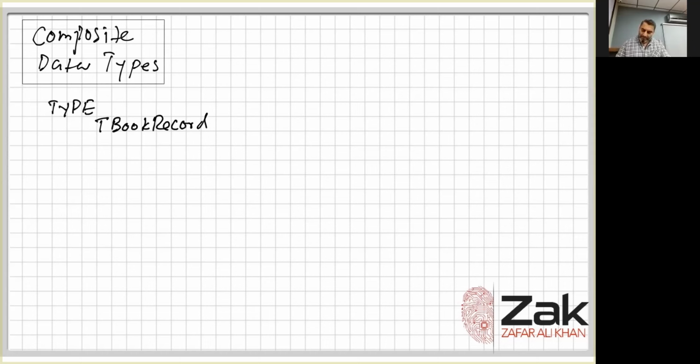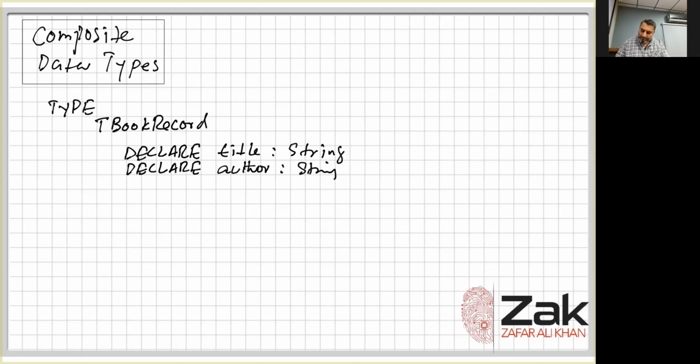So this would have, as we already did in P4, declare title as string, declare author as a string, declare price as currency, and so on and so forth.